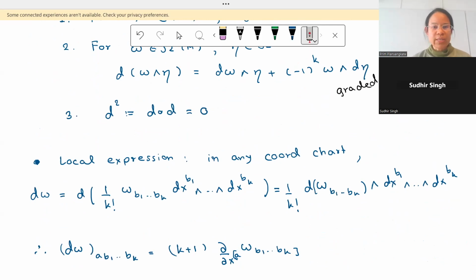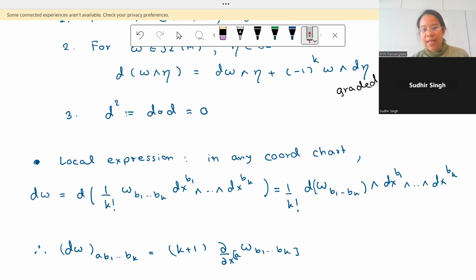Locally in any coordinate chart, if you write a K-form omega in a coordinate basis like this, then this operator D can be given by a local formula: it is just equal to the differential of the component function, together with the rest.